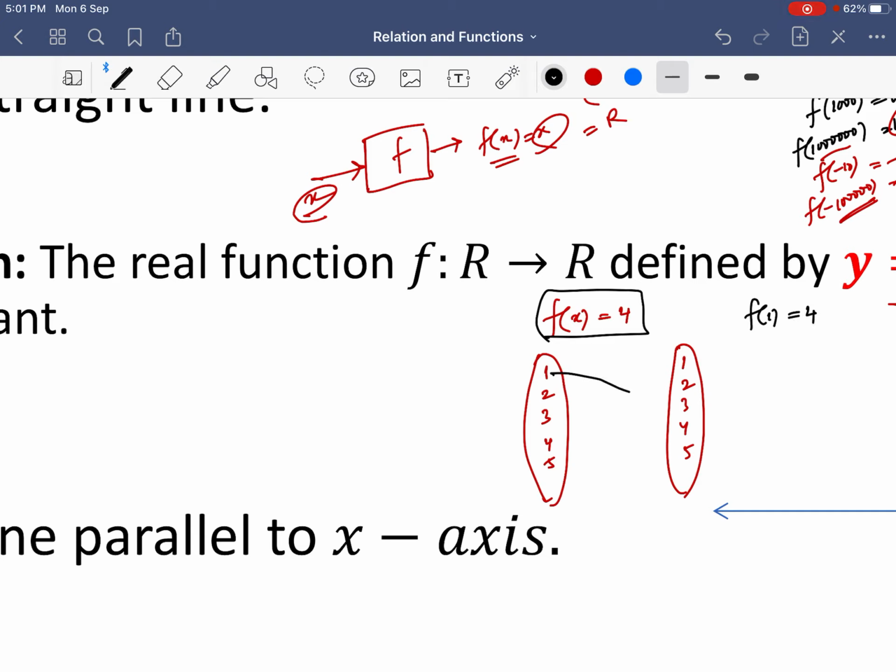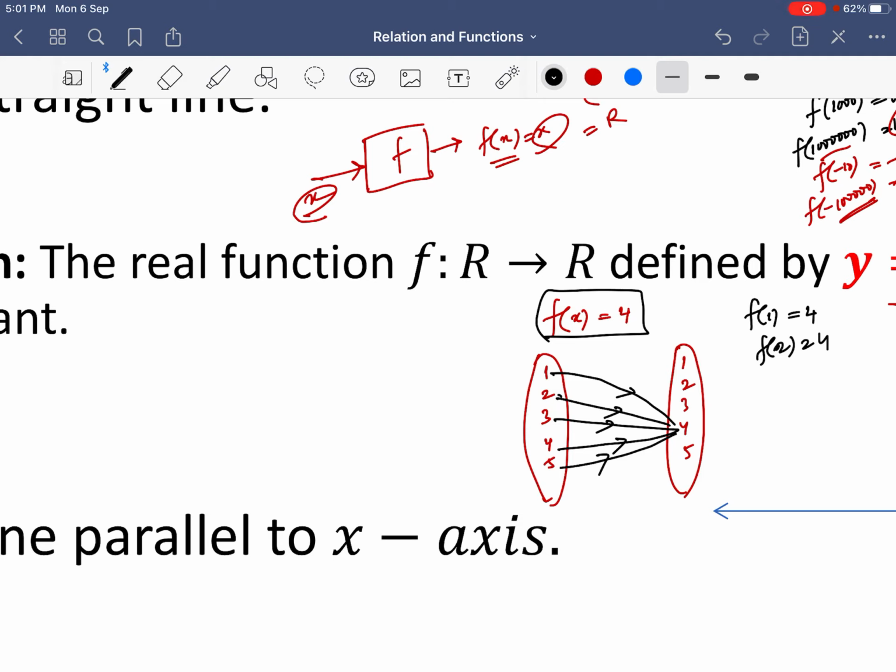So 1 will go towards 4. Then f of 2 will also be equal to 4. Then f of 3 will also be equal to 4. So this way we get a constant function.